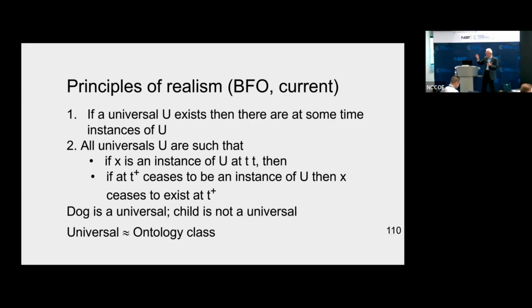So, more examples. Dog is a universal by this test. Child is not a universal. When a child ceases to be a child, it doesn't go out of existence. And so every universal has to satisfy both of these conditions, and we think.